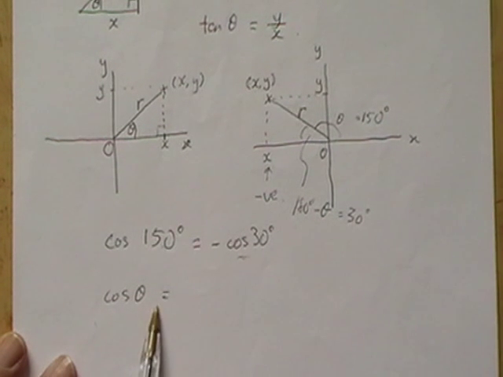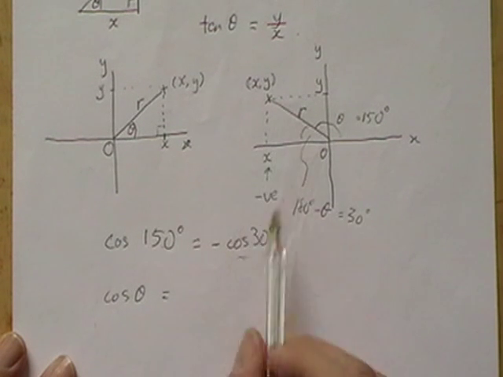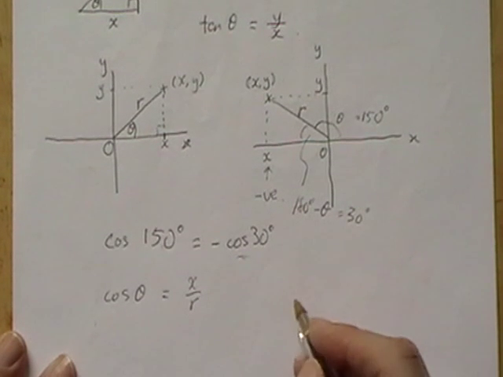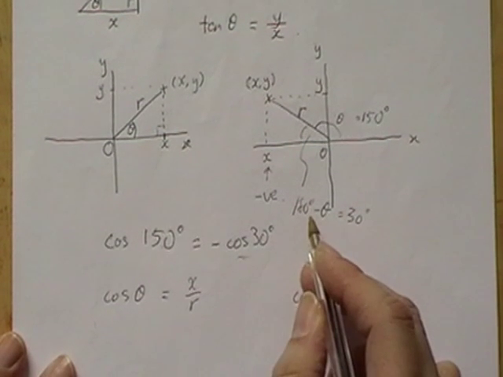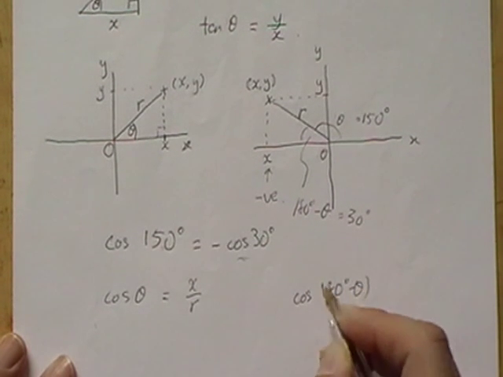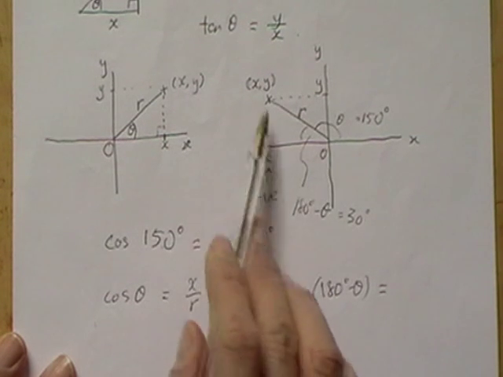So cosine theta, we know, is the coordinate x divided by r. What about the cosine of this acute angle, 180 degrees minus theta? It would be the length of this side over r.